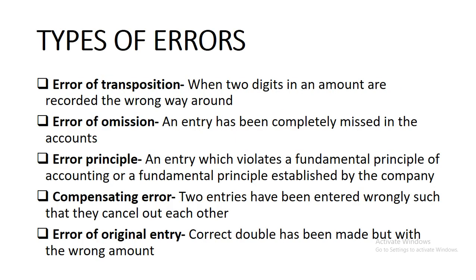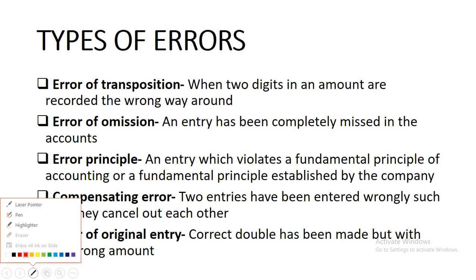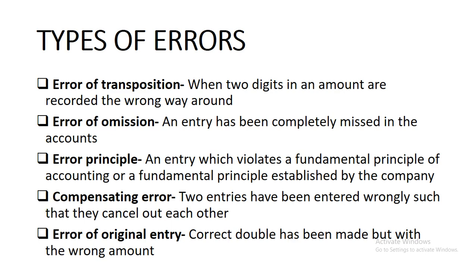Now, the first thing that we need to look at in this lesson is the types of errors which exist. So what are the types of errors? One, the error of transposition. This is where two digits in an amount have been recorded the wrong way around.